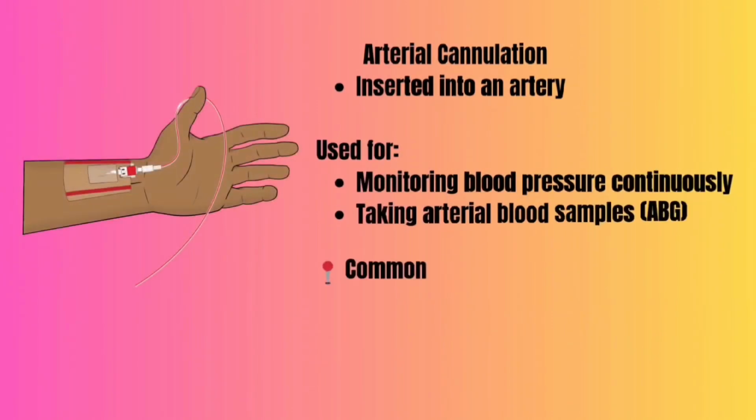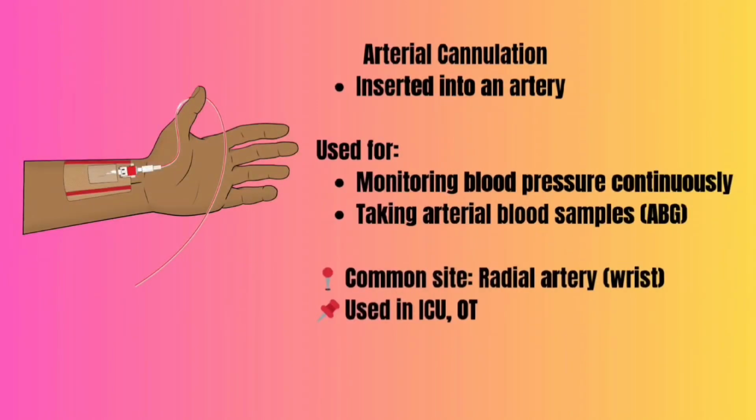Next is arterial cannulation. What is the definition of arterial cannulation? It's inserted into an artery. As you can see in this diagram, the cannula is inserted directly into the radial artery at the wrist.